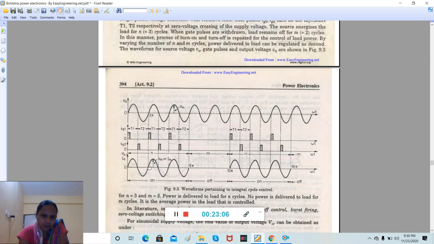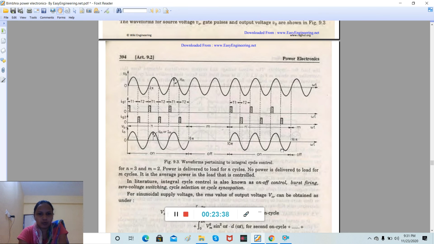So the circuit conducts for n cycles, then remains off for m cycles, and this repeats. In this way, by supply on and supply off, we can control the output power. This is the concept of integral cycle control.